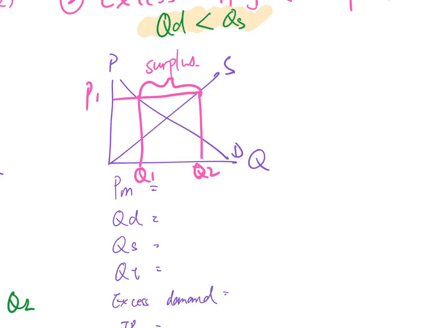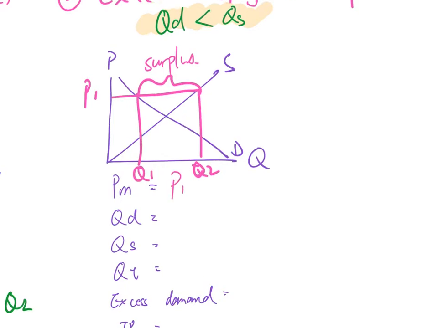Here we found the price is P1 is the market price, the real actual price, and the QD is always the quantity that touch the demand curve. This one, okay, its interception point is Q1. So we get Q1 for QD. So QS touch the supply curve quantity. So it's a Q2.